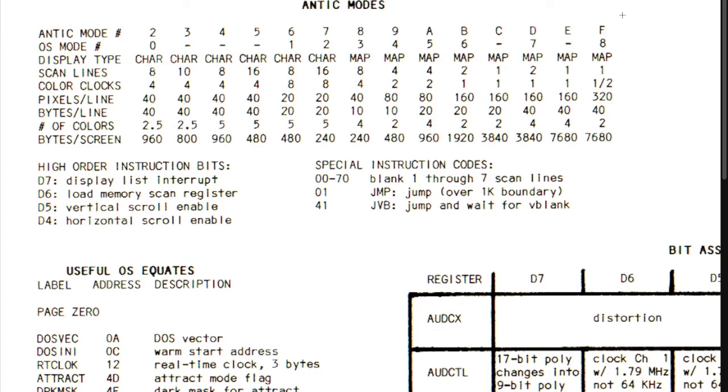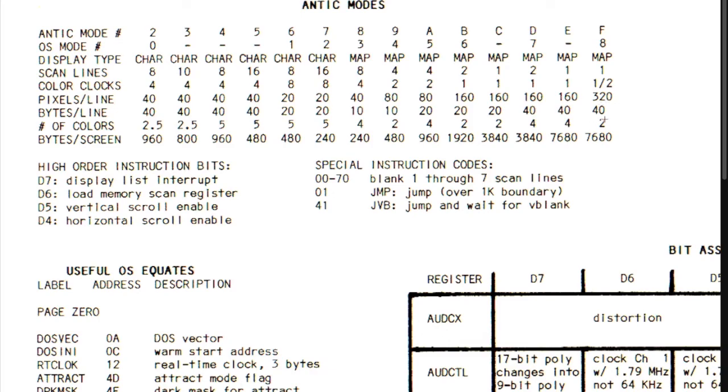It's ANTIC mode F. It's 320 pixels wide, 40 bytes per line, and it's got 2 colors. It's more like the text mode with 2.5 colors, but it's saying only 2 here. It should say 2.5, because it's the same sort of thing.